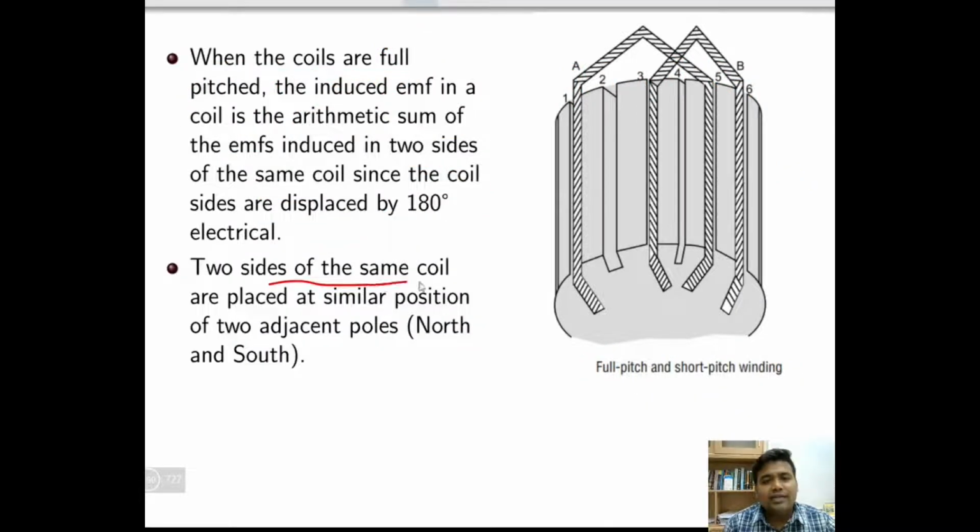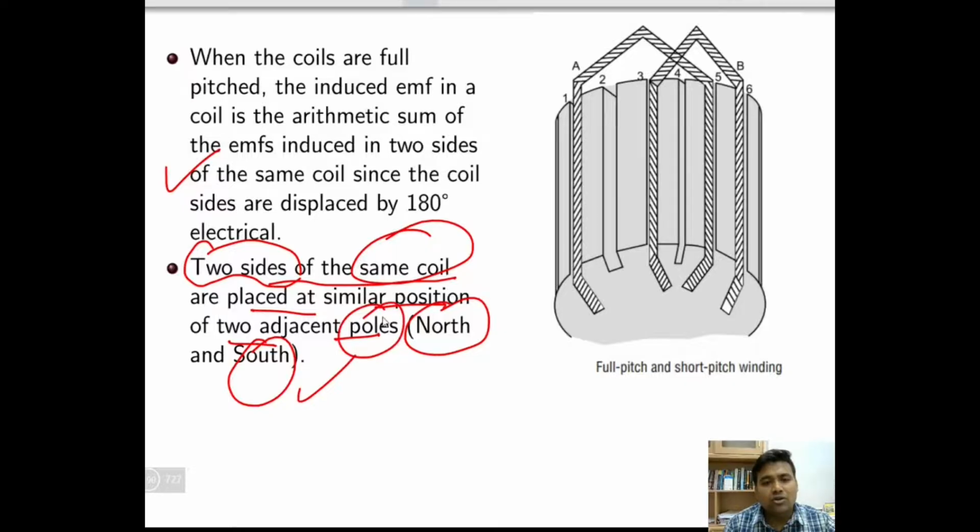The two sides of the same coil are placed at similar positions under two adjacent poles, that is, the north and the south pole.